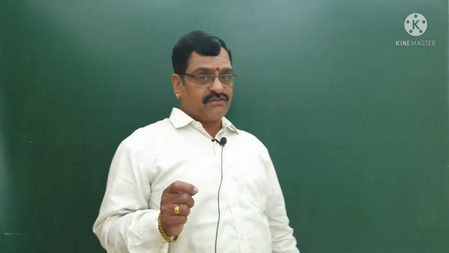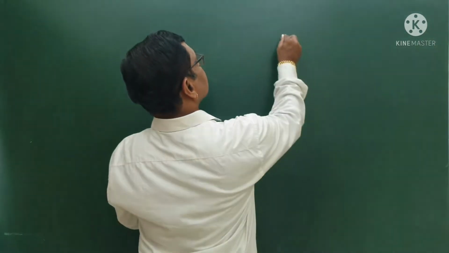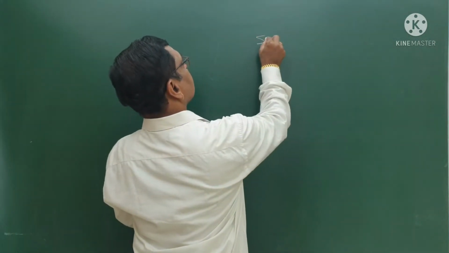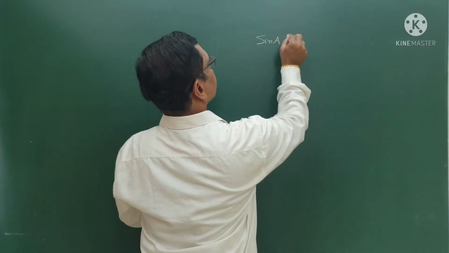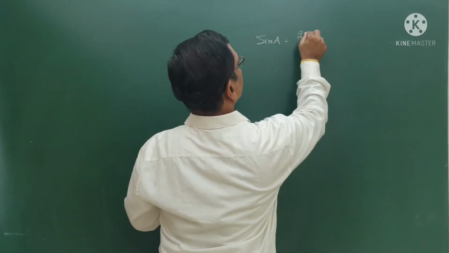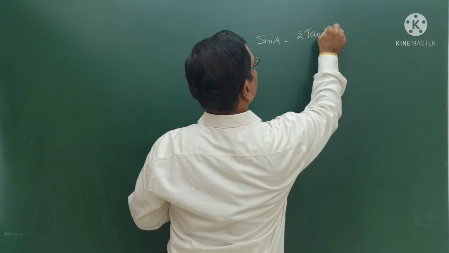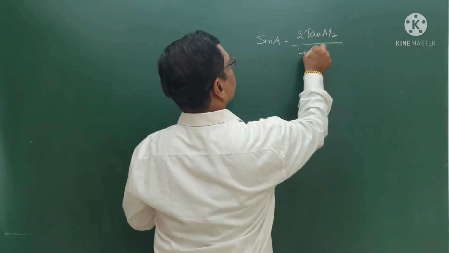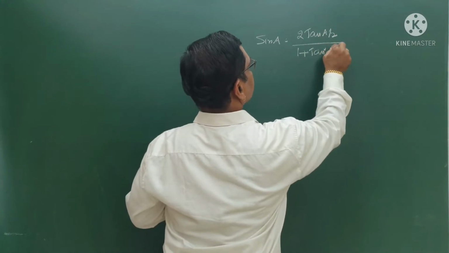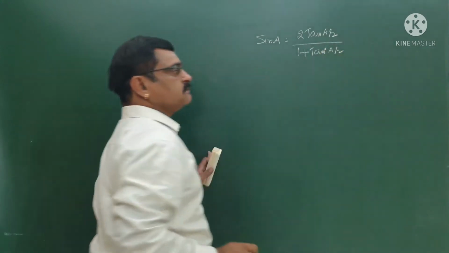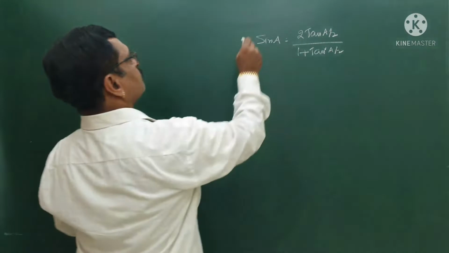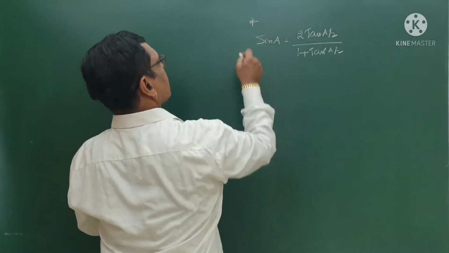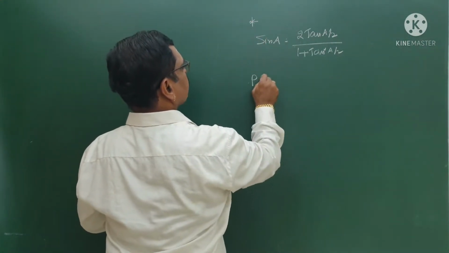The first derivation is sin A is equal to 2 tan A by 2 by 1 plus tan square A by 2. Now, how to prove it?